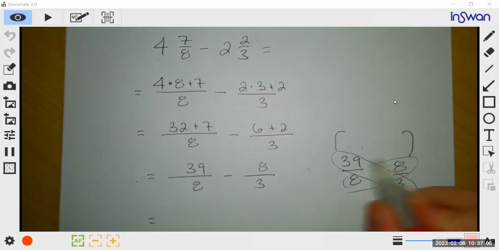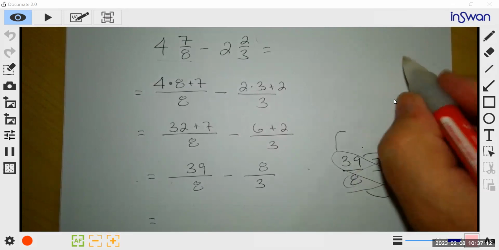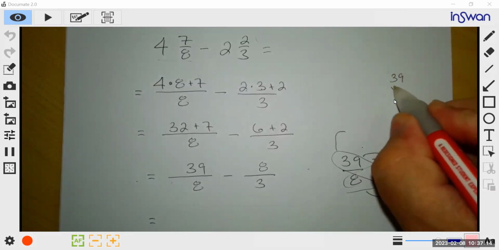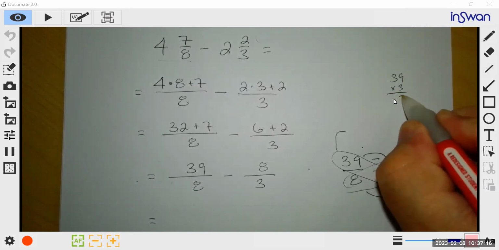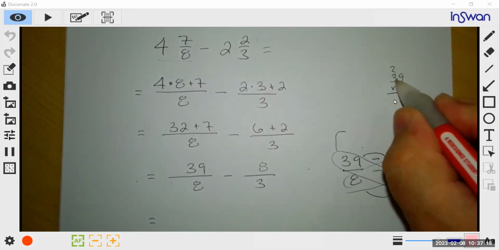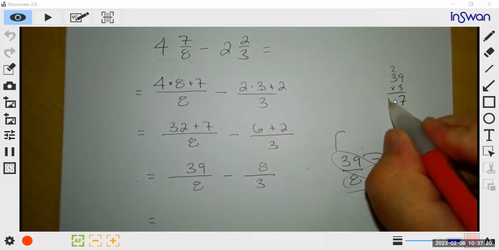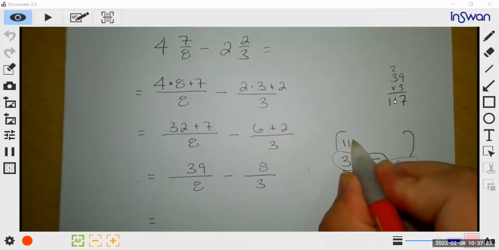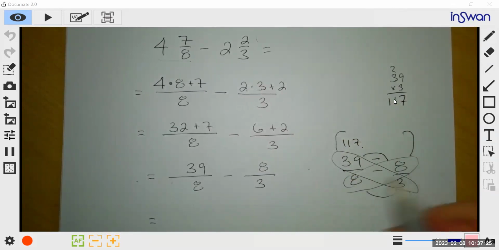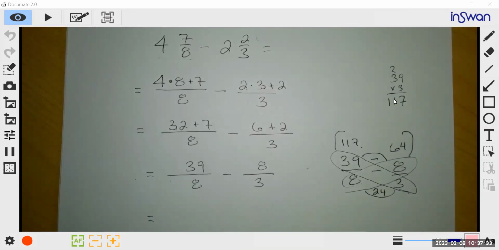Do the butterfly. 3 times 39 is 117. 8 times 8 is 64. 8 times 3 is 24.